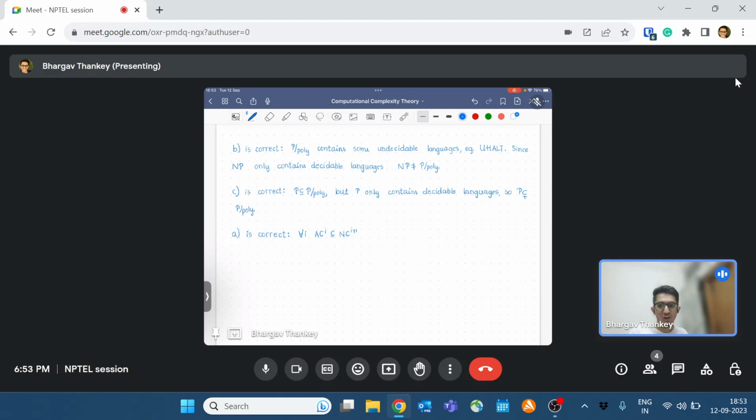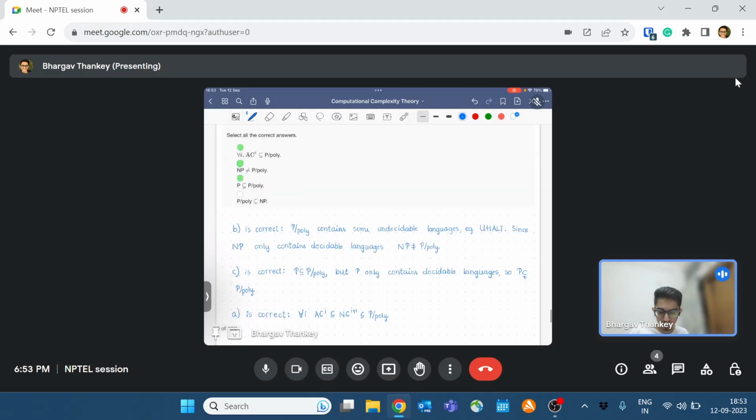It is made up of AND, OR, and NOT gates of fan-in 2, has polynomial size and depth order log^(i+1) n. So the circuit is just made up of gates of fan-in 2, so this is in P/poly. Is this fine? So all three, A, B, and C, are correct.